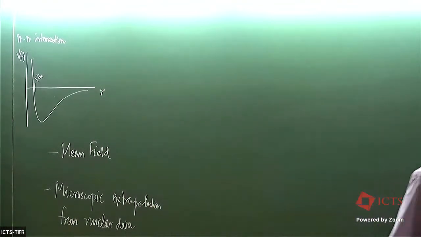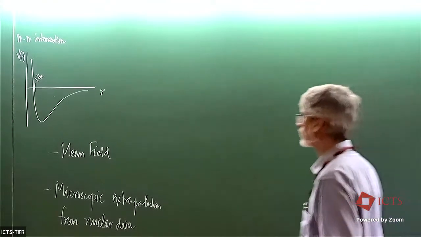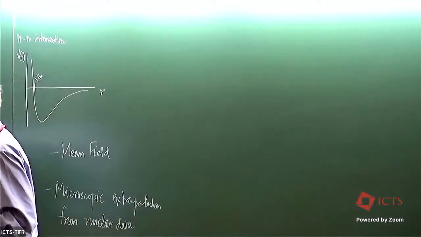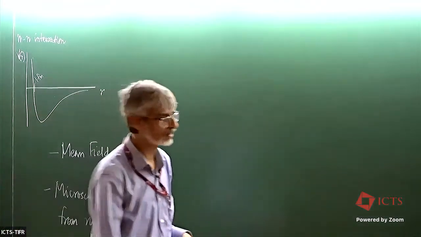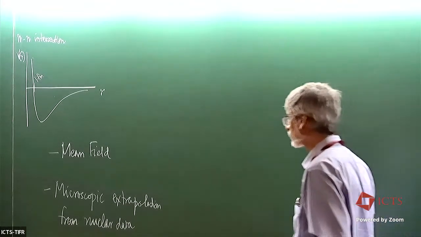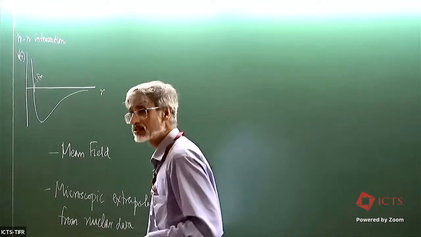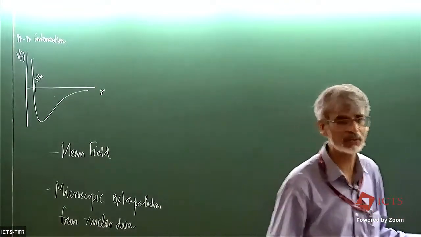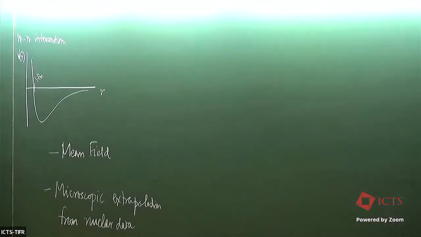As I said, up to the saturation density, we more or less know the equation of state well. It's only when you go above the saturation density that we start getting into these problems. And this has produced a whole family of equations of state. That is something that one is trying to grapple with.